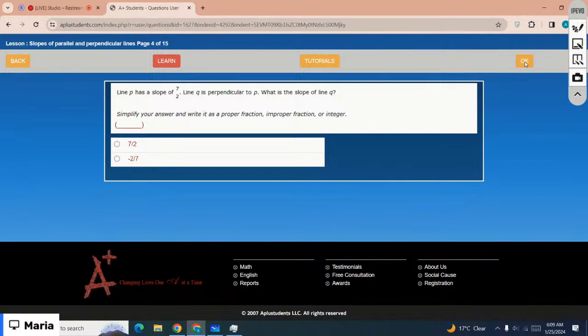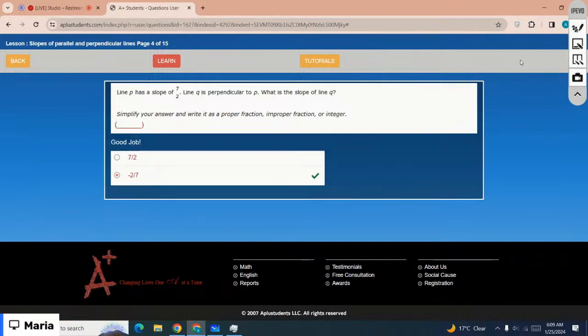Yes, the correct option is negative 2 over 7. Option number 2 is the correct option. Got it? Because the lines are perpendicular, their slopes are negative reciprocals of each other.